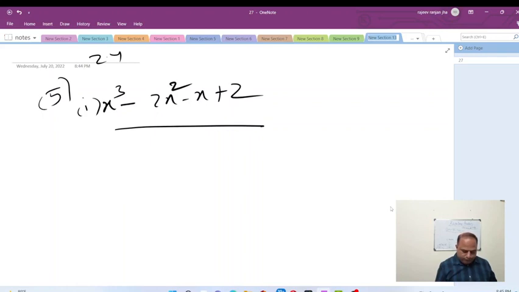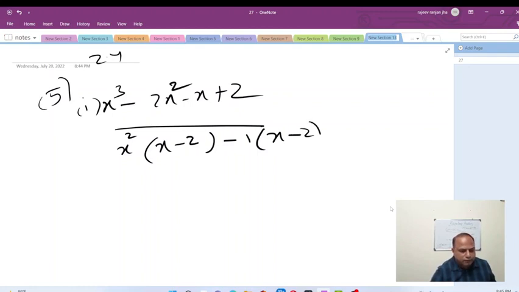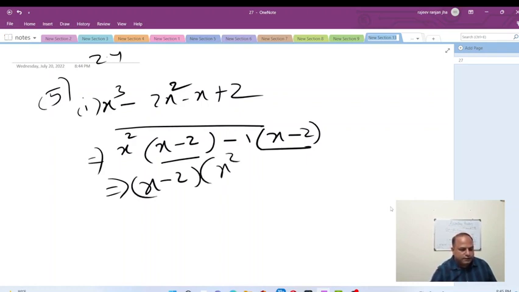How to solve it? Suppose first we take this x square as common. What we get? x minus 2. Okay. And here we take minus 1 as common. So what we get? x minus 2. Why? We have to get this x minus 2 inside the bracket. Now, this is the second step. The third step is x minus 2 is taken as common. So we get x square minus 1. We can leave it here also, but this is still not factorized. Okay.